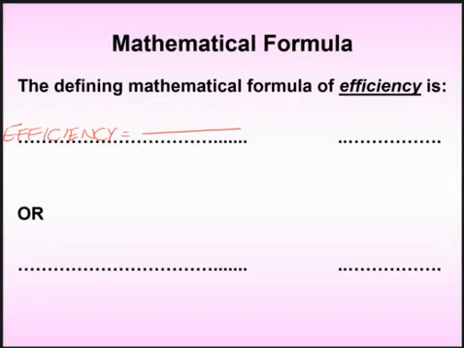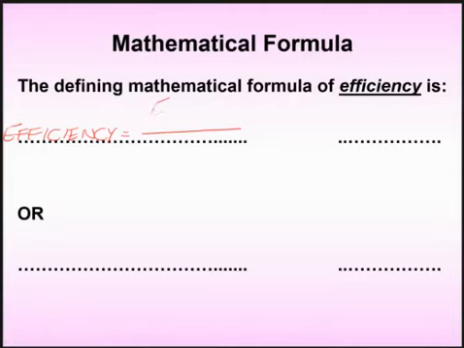What's 0.5 as a percentage? 50%. So never say it as a decimal or as a fraction. Say it as a percentage. So energy output over energy input times what?